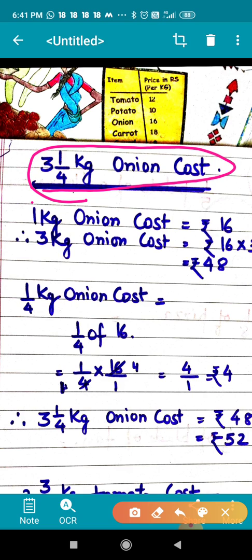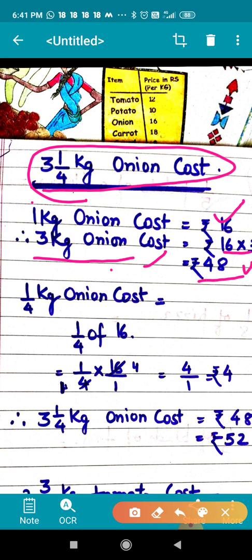Here 1 kg onion costs 16 rupees. 3 kg onion cost will be more. In my earlier classes, I had told you, given for 1 and asked for many, you have to do multiplication. So here 16 multiplied by 3 comes 48. It means 3 kg onion costs 48 rupees.